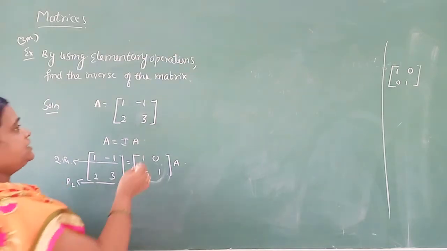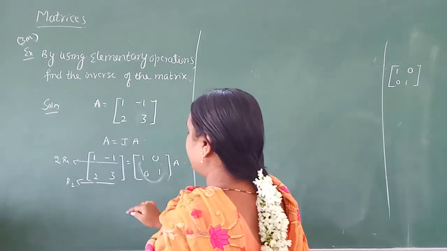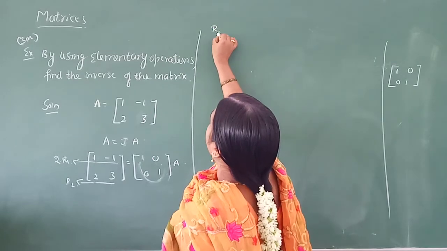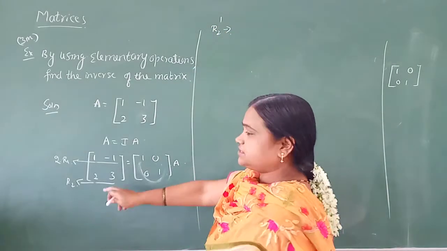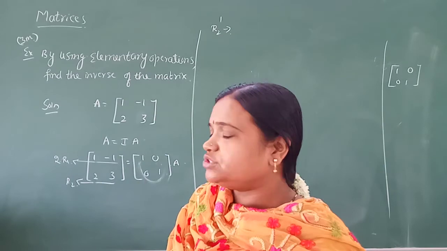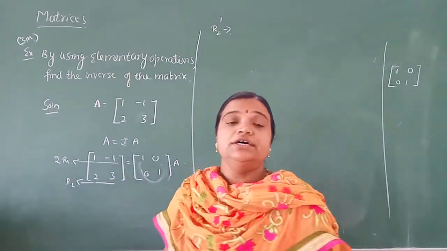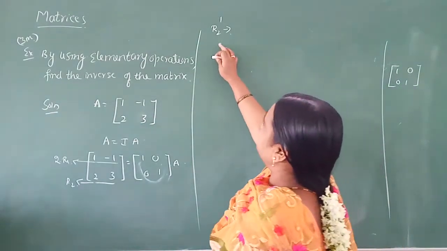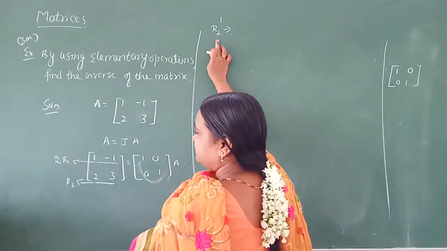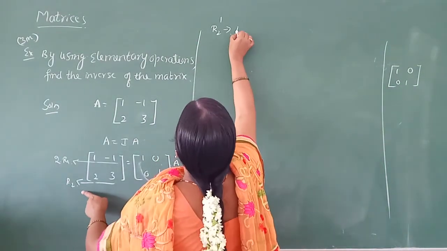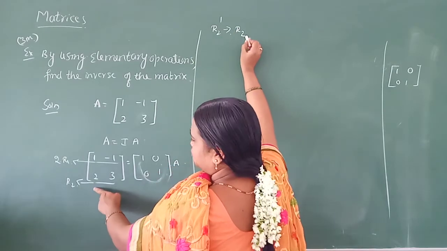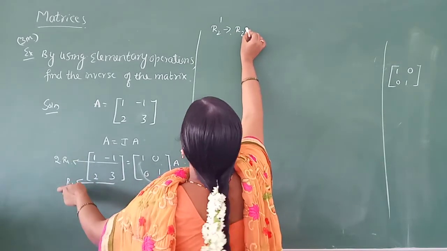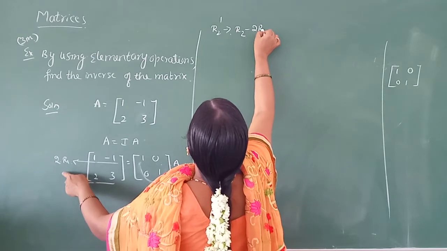That's why we write the row. R2 becomes R2 dash. The row that changes we represent with a dash. So we are doing subtraction: R2 dash equals R2 minus 2 R1.